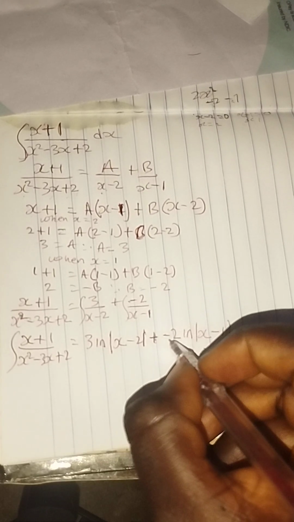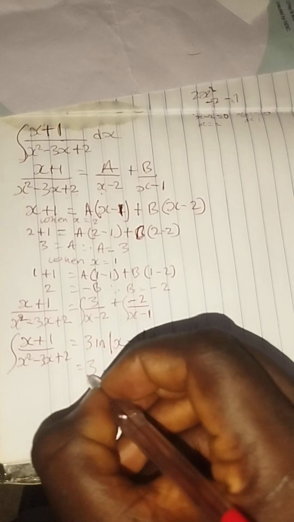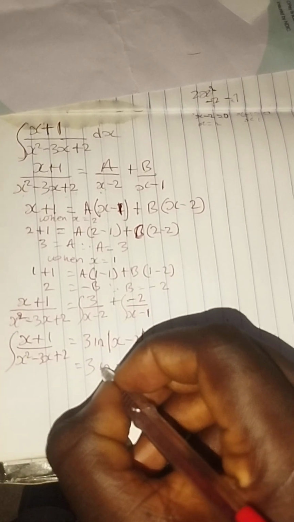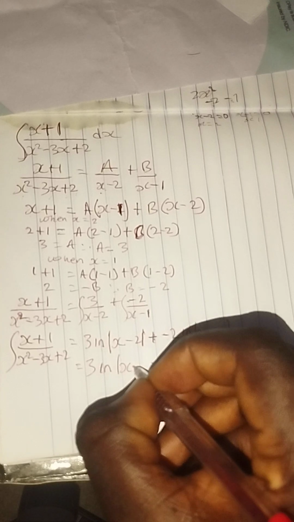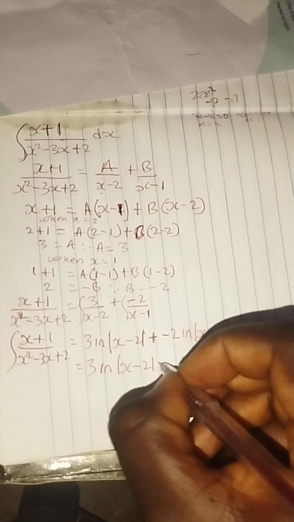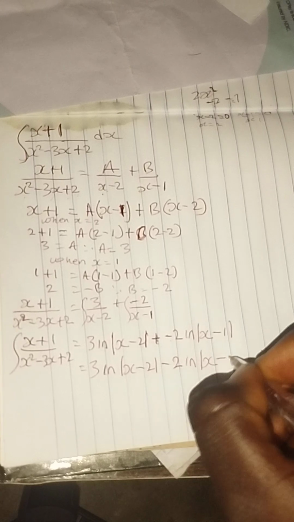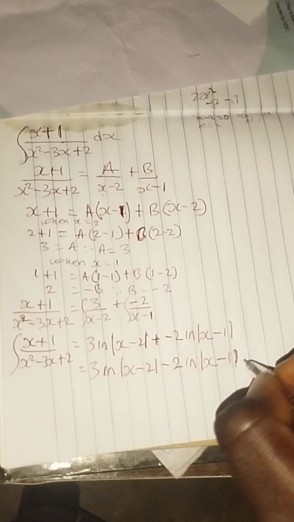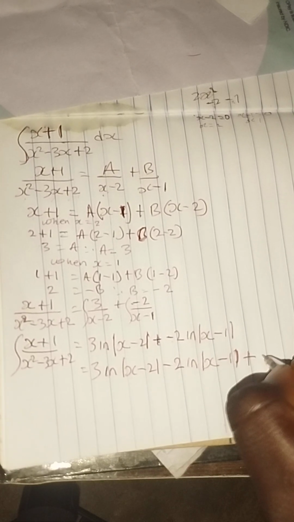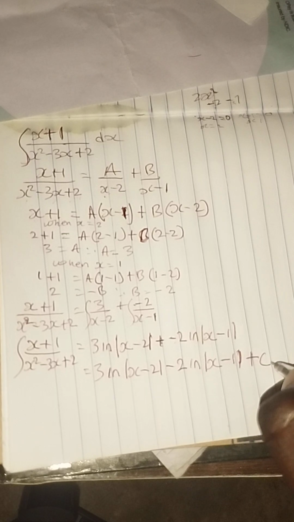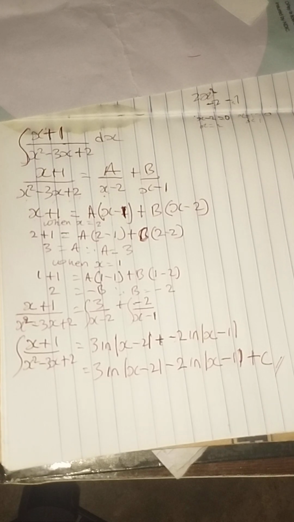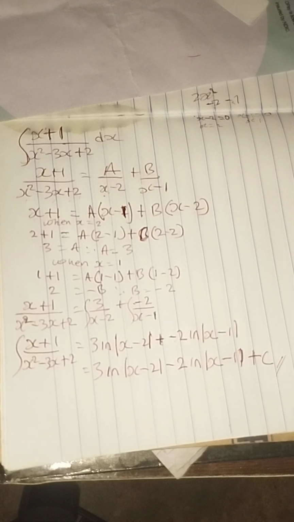Plus times minus is minus, so we have 3 ln of x minus 2 minus 2 ln of x minus 1. You put your constant, plus C, and this is how to integrate using partial fractions.